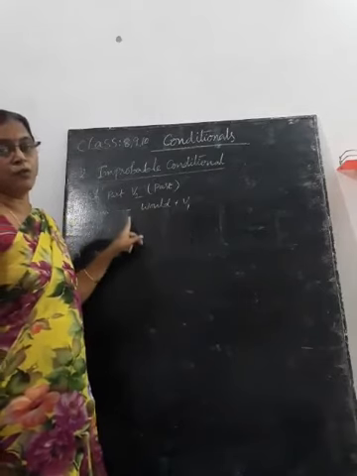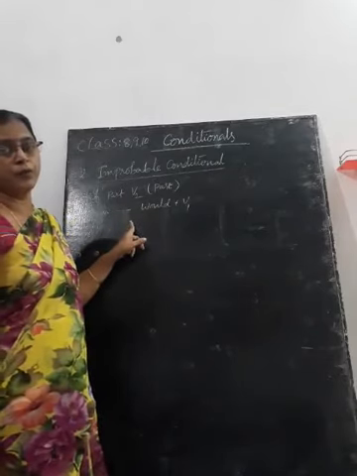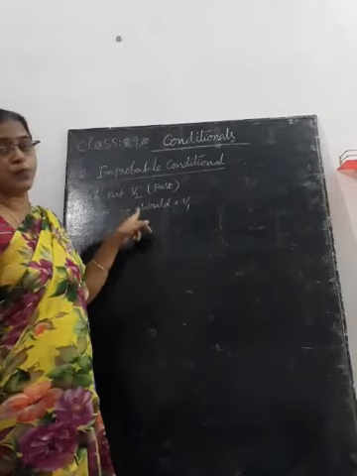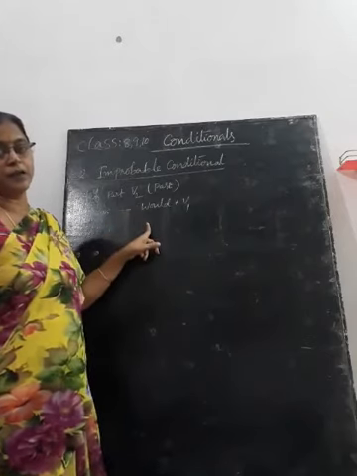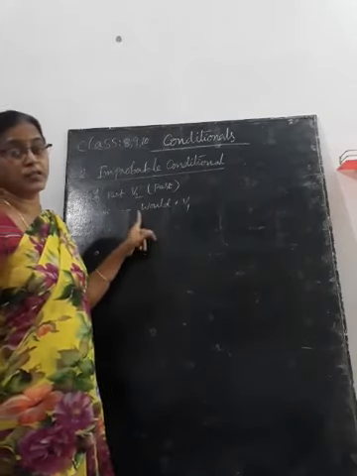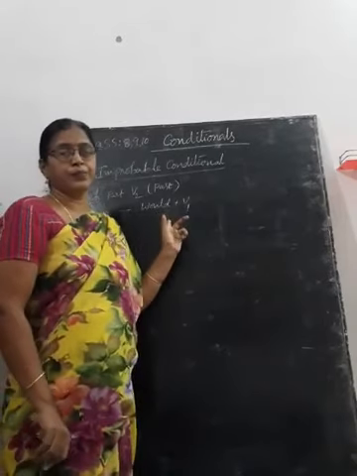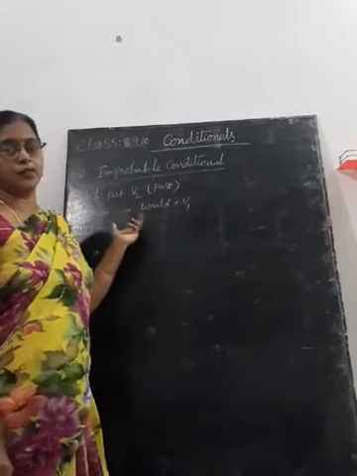This structure you have to remember, students, otherwise you are unable to frame sentences. That is the improbable conditional sentence. For any kind of conditional sentence you must remember the structure, then you can frame correct sentences.